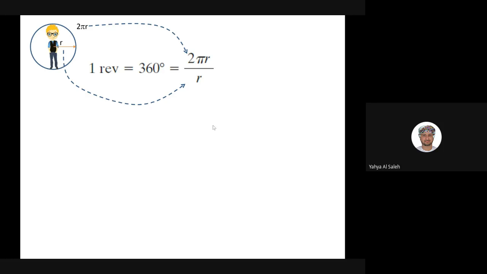So 360 degrees, 1 revolution is equal to 2 pi r divided by my radius. Which means 1 revolution is 2 pi radians. 1 radian is about 57.3 degrees.